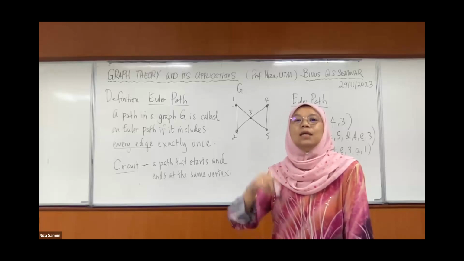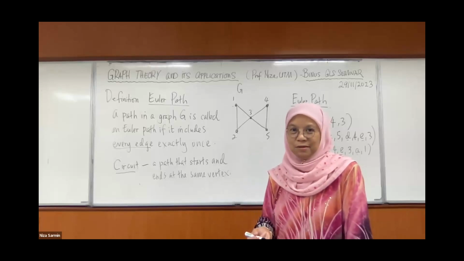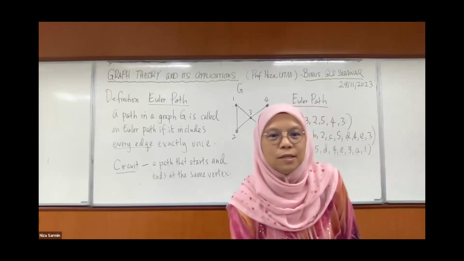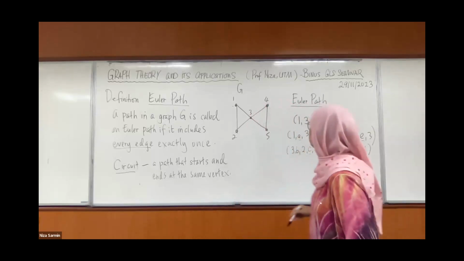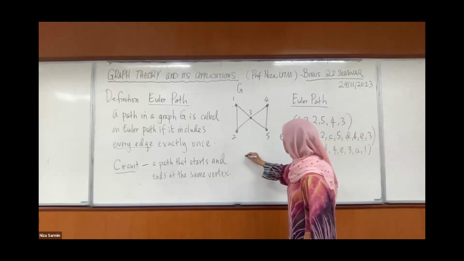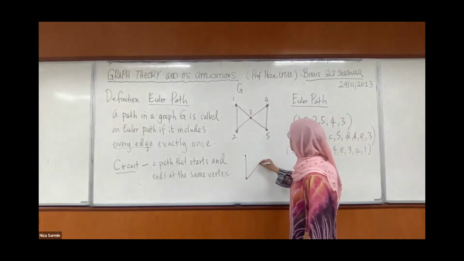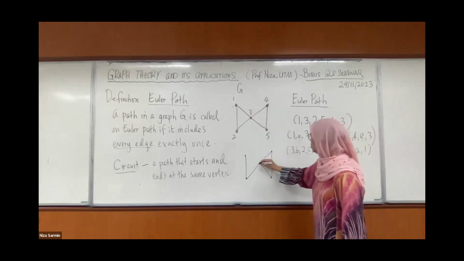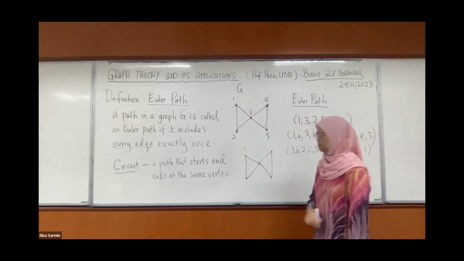An Euler circuit is an Euler path, but an Euler path might not be an Euler circuit. So you go 1, 2, 3, 5, 4, 3, 1.